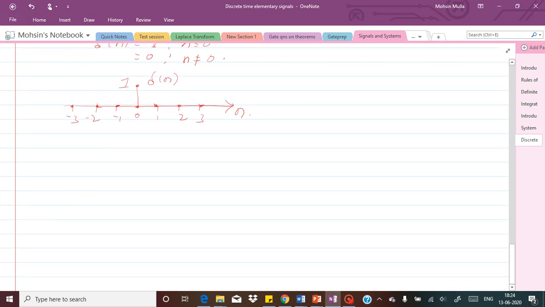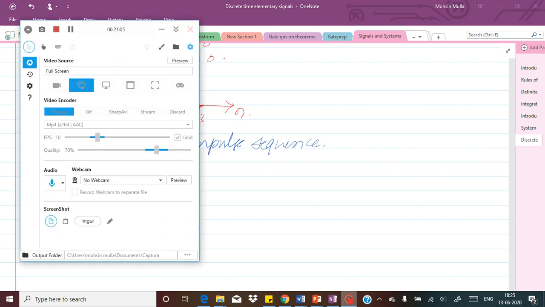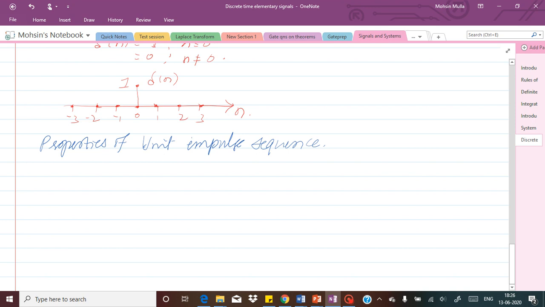Now there are some properties of the unit impulse sequence, which will be helpful while solving many examples. So let me write the properties of the unit impulse sequence. The first property is del of n into x of n.